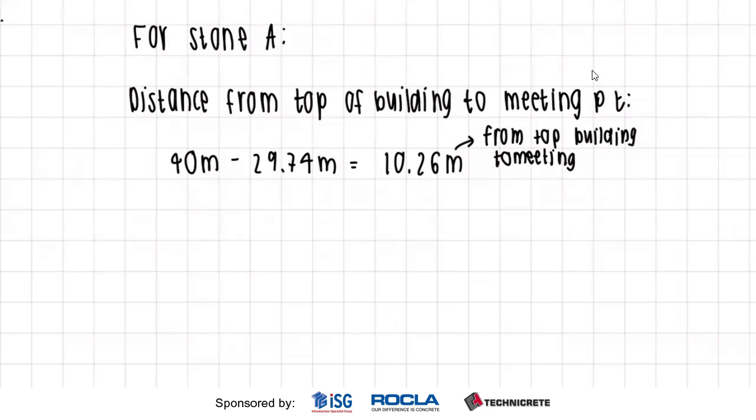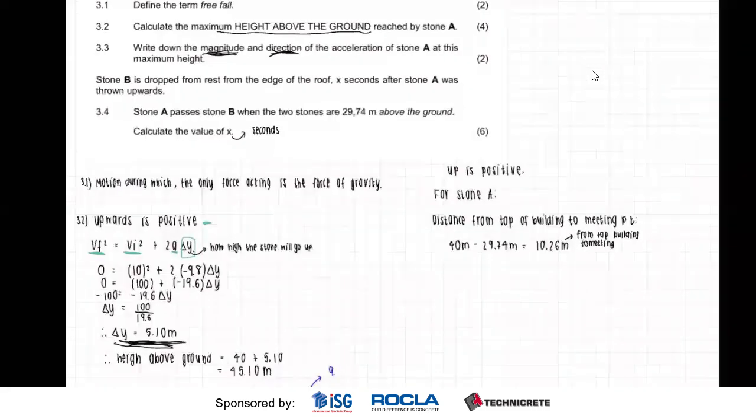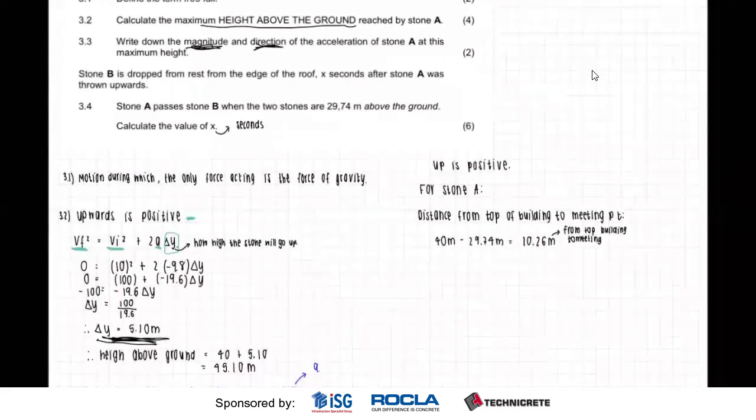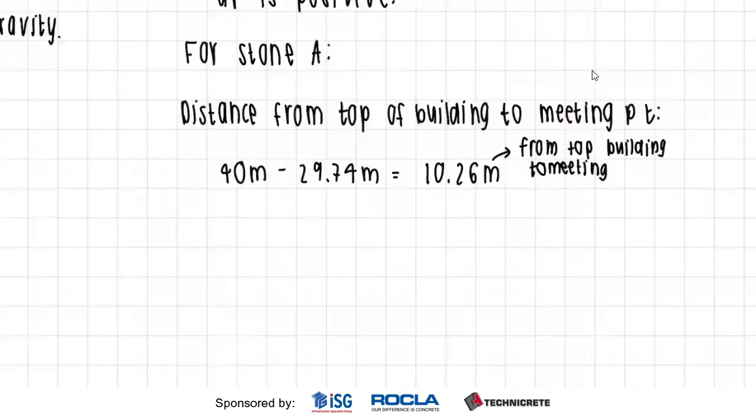So we want to know how long it takes for the stone to go up to its highest point, and then to come back down to 29.74 meters. So we want to know how long it took the stone to travel 10.26 meters.